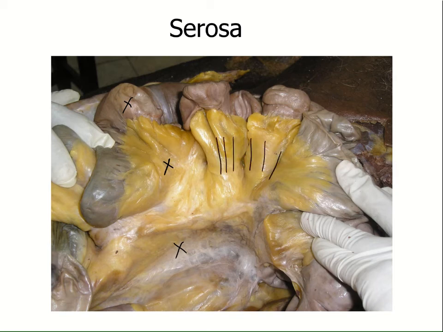One layer on this side and another layer on the other side. So it is double layered. And this mesentery carries blood vessels, lymphatics, nerves from the posterior wall to the gut tube. When the outer layer of the mesentery passes over the gut tube, it forms a serosa.